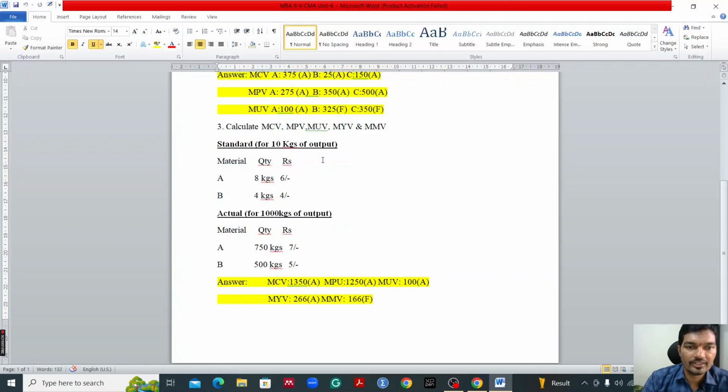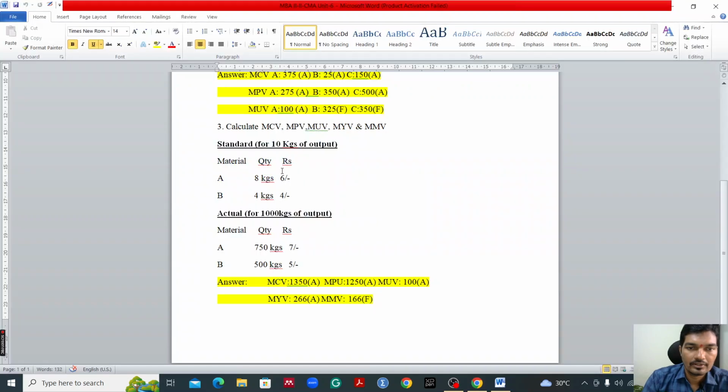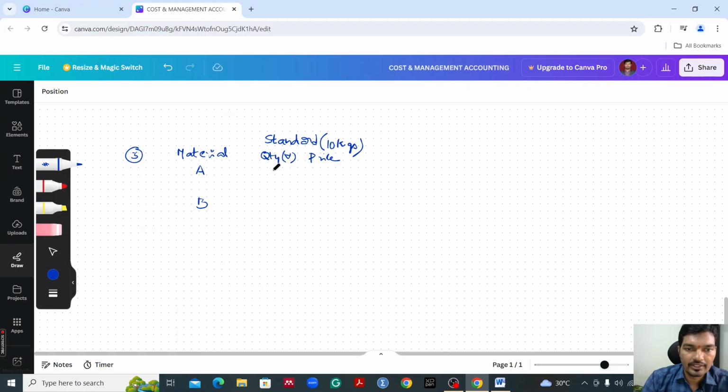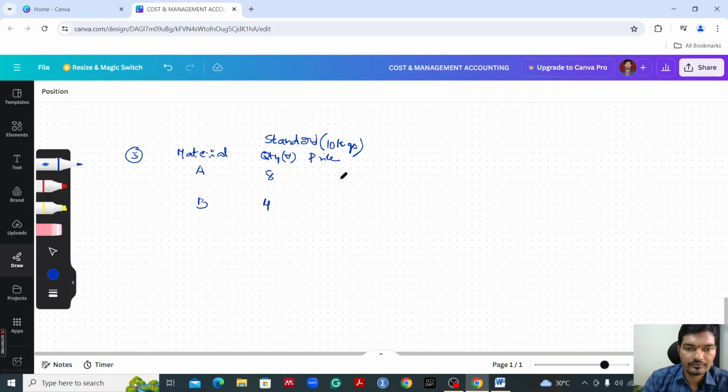According to the sum, this is for 10 kgs. So 8 kgs here, 4 kgs, 6 rupees and 4 rupees.